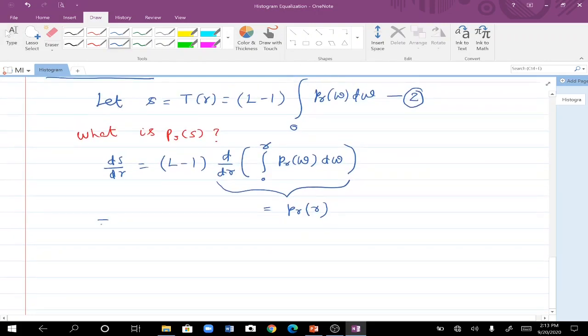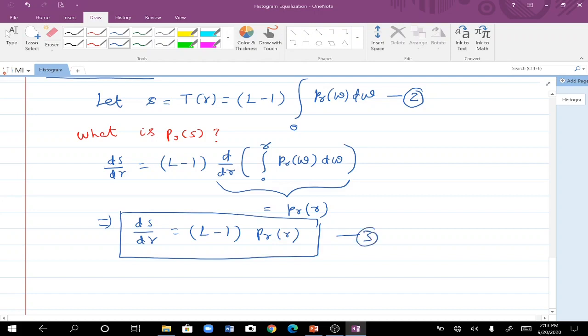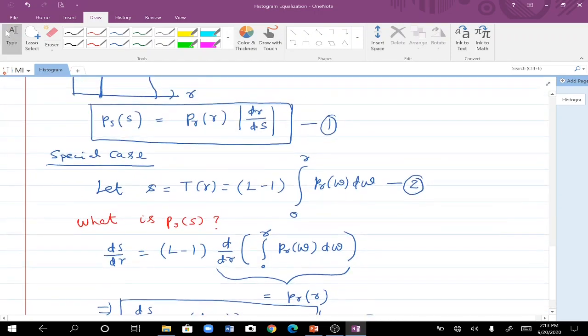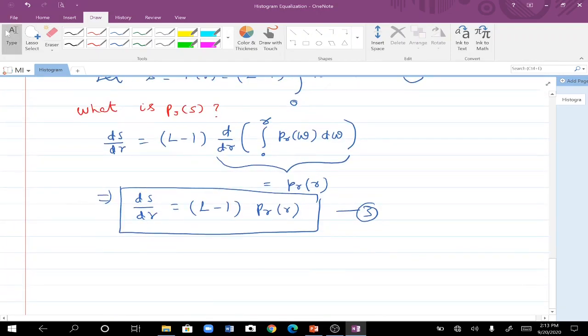So what do we get here? ds by dr is equal to L minus 1 into the probability density function computed at R. Equation number 3. Now we want PS of S, so you take the absolute value of dr by ds. You know ds by dr, so take the inverse of it and substitute there.